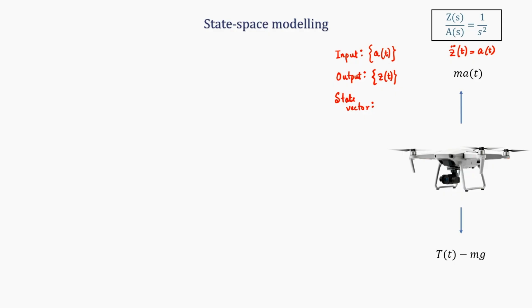What can we choose? We can choose one of the state vectors to be position and the other to be velocity. Okay. So, if velocity and position are the state vectors, then z(t) and z dot t are your state vectors in this case, right. So, now let us try to write down the state equations. d dt of z of t, z dot of t must be equal to Ax plus Bu.